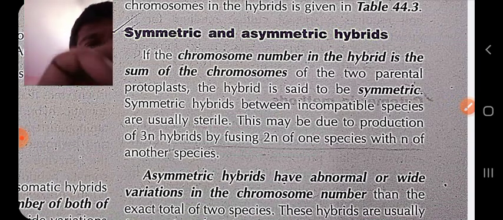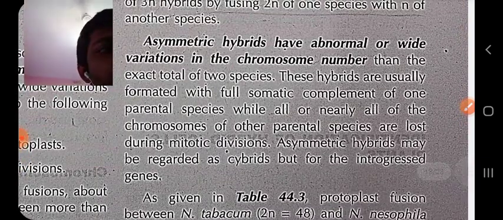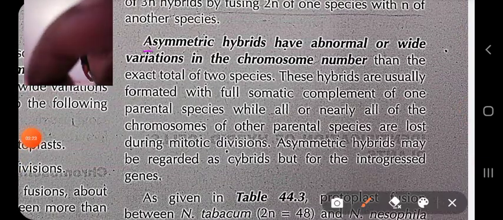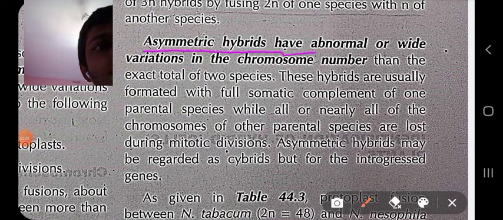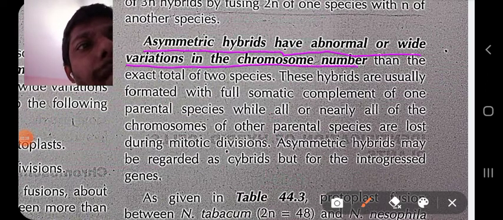Now in case of asymmetric hybrids, it is saying that asymmetric hybrids have abnormal or wide variation in the chromosome number, then the exact total chromosome number of the two species.